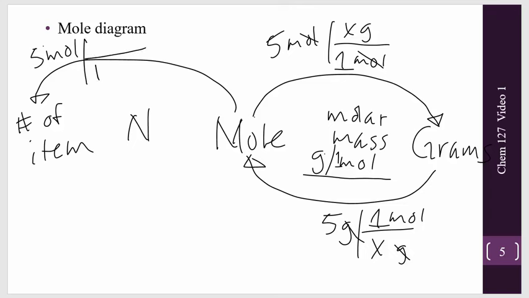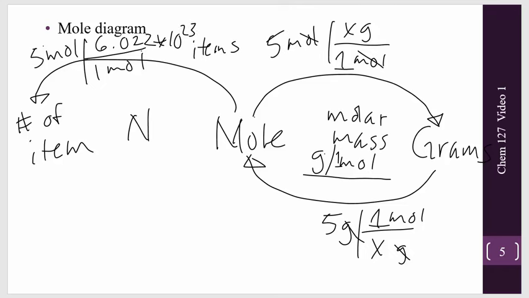We know that in 1 mole, we have 6.022 times 10 to the 23rd items. So in this way, we can take a number of moles and then convert that into a number of items.